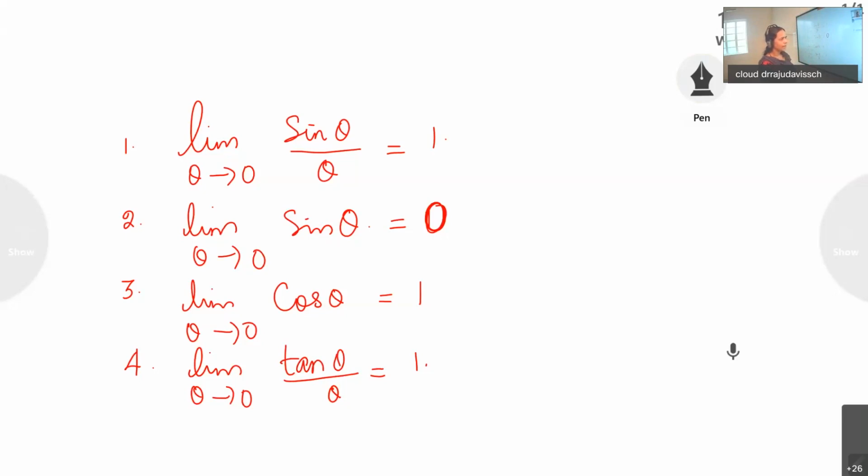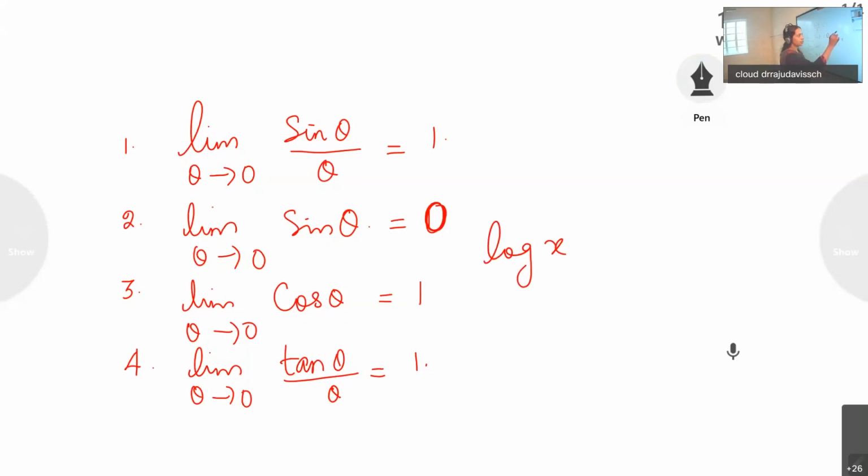Can you give me the domain and range of the logarithmic function? Can you recall? We denote this as log x.